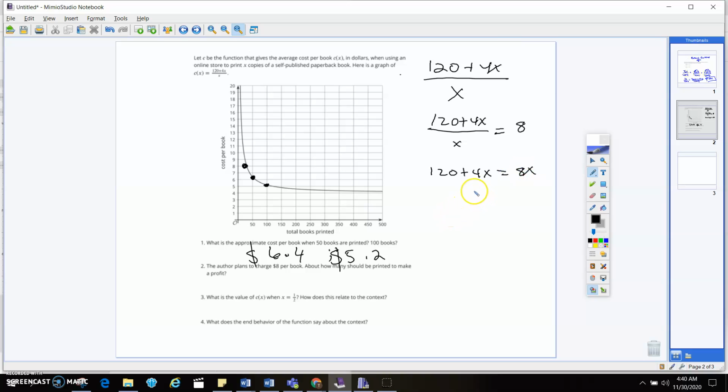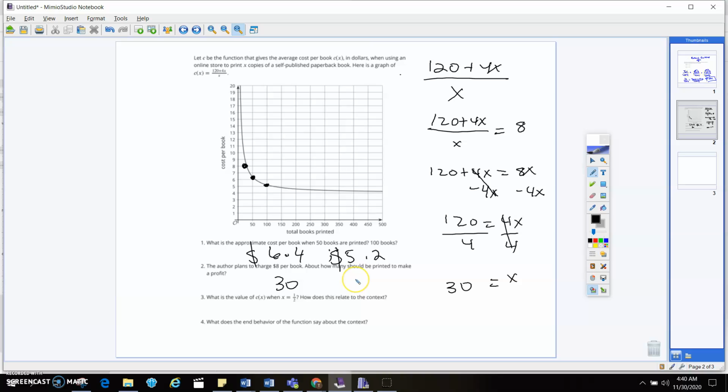And then I'm trying to get x by itself, so I'm going to subtract 4x on both sides, and then divide by 4 on both sides. And so that's going to be x equals 30. I said roughly 25, but obviously I want to be the most accurate.